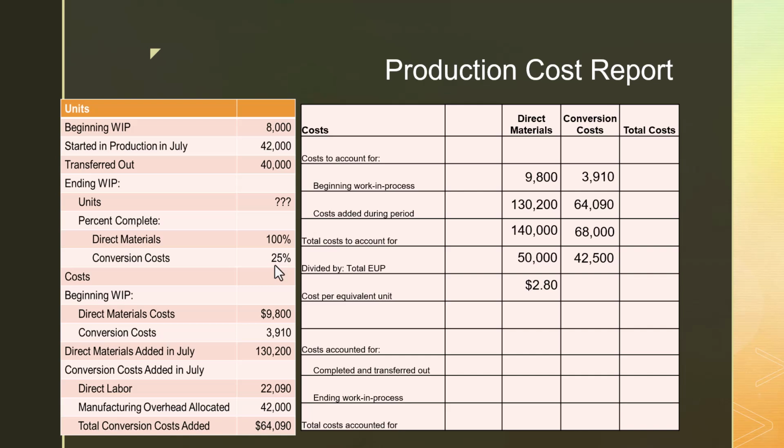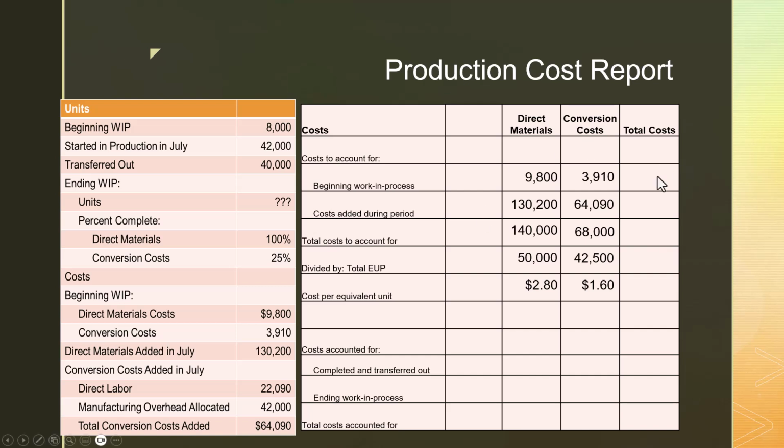And you want that because this cost per equivalent unit is a rate thing. It's how much it costs in labor and overhead to properly prepare one case worth of peanuts. And 68,000 divided by 42,500 is going to give us $1.60. So preparing a case worth of peanuts costs us $1.60 in labor and overhead costs.